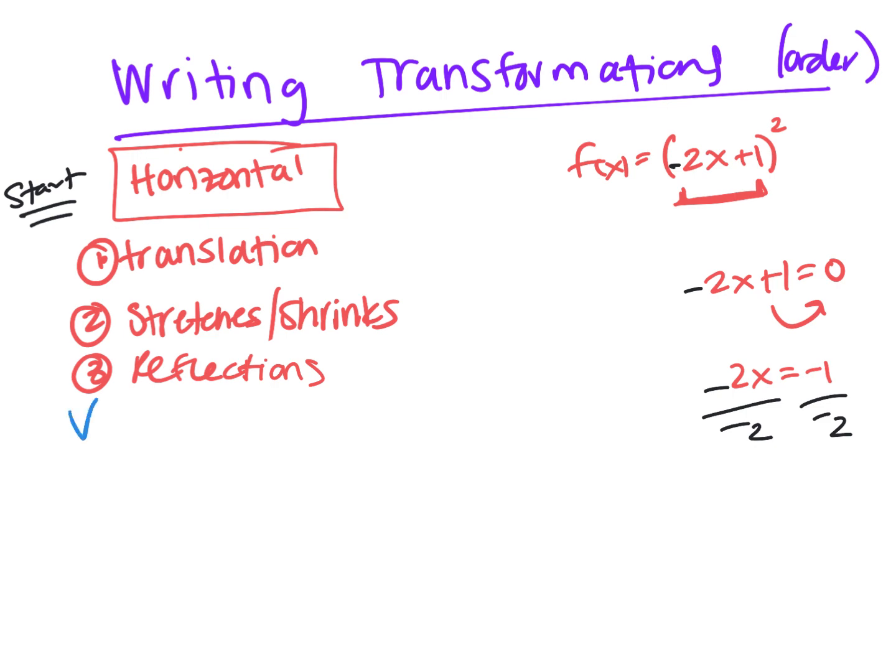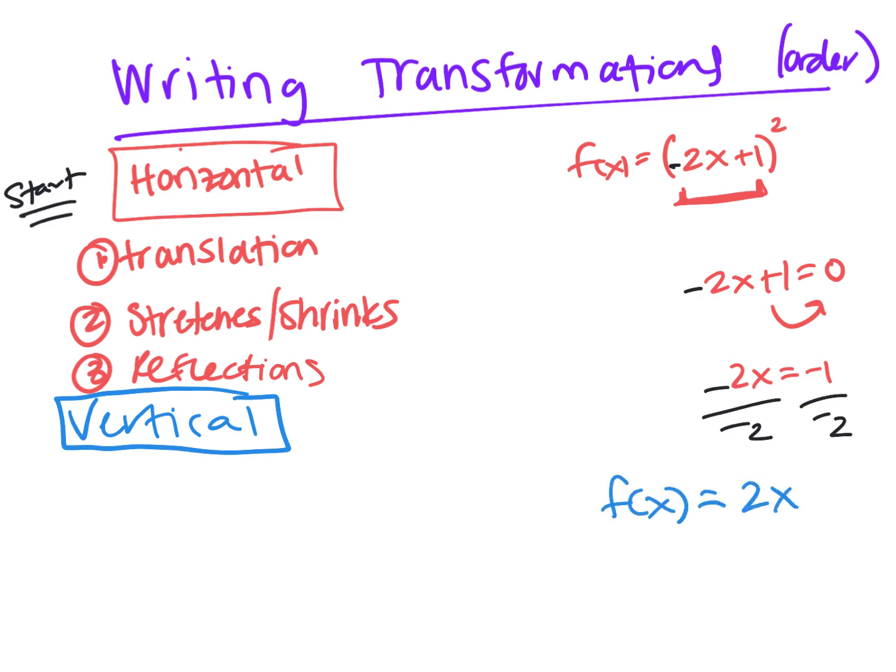Then move on to your vertical. So after you've listed all of the horizontal things that are happening, then you're going to list your vertical things. And you're going to list them in the order that you would do things to x. So the first thing, if I told you plug in 0, the first thing that you would do is square that number. That's the function. Then you would multiply it by 2.